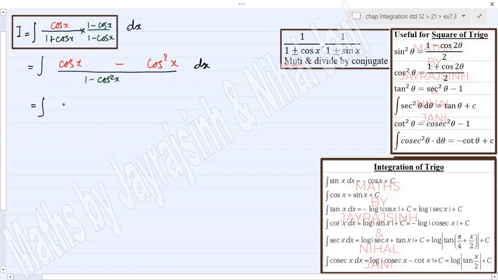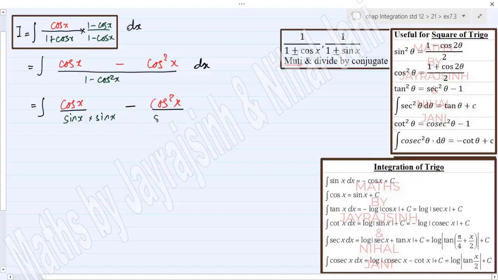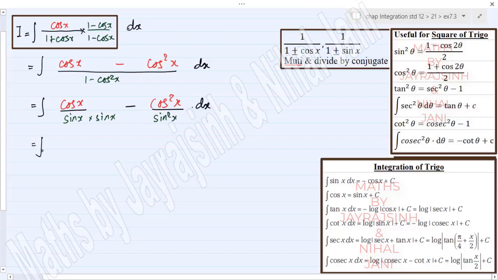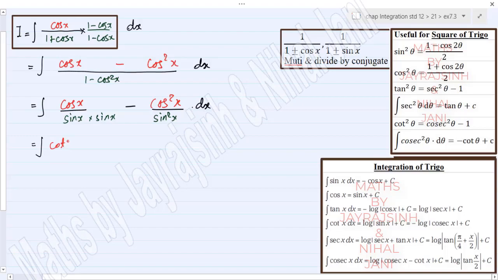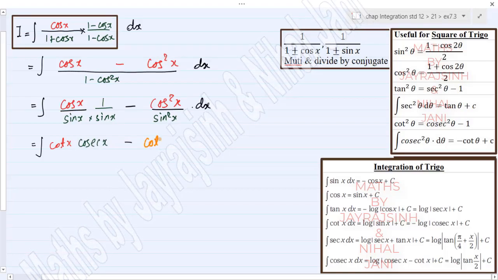So let's give individual denominator. In first term we will get cos x upon sine square x, or we can say sine x into sine x, minus in second term we will get cos square x upon sine square x. If we further simplify, this cos x upon sine x will become cot x, and remaining 1 upon sine x will become cosec x, minus this cos square x upon sine square x will become cot square x.